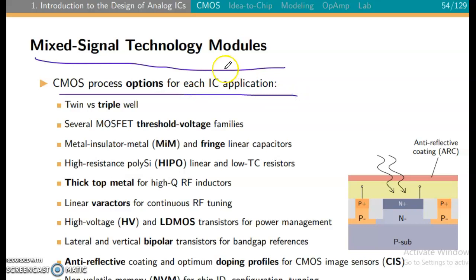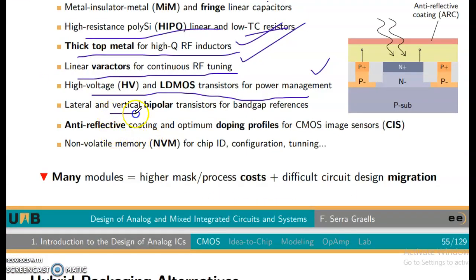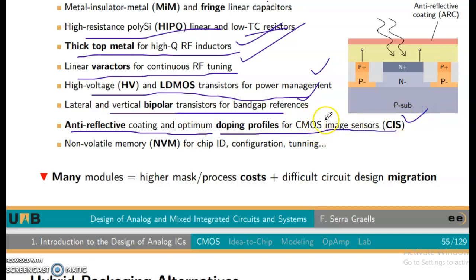Once again, to remind: twin versus triple well, several MOSFET threshold voltage families, metal-insulator-metal and trench linear capacitors, high resistance polysilicon, linear and low DC resistors, thick top metal for high Q RF inductors, linear varactors for continuous RF tuning, high voltage LDMOS transistors for power management, lateral and vertical bipolar transistors for bandgap references, anti-reflective coating and optimum doping profiles for CMOS image sensors, CIS: C for CMOS, I for image, S for sensors.